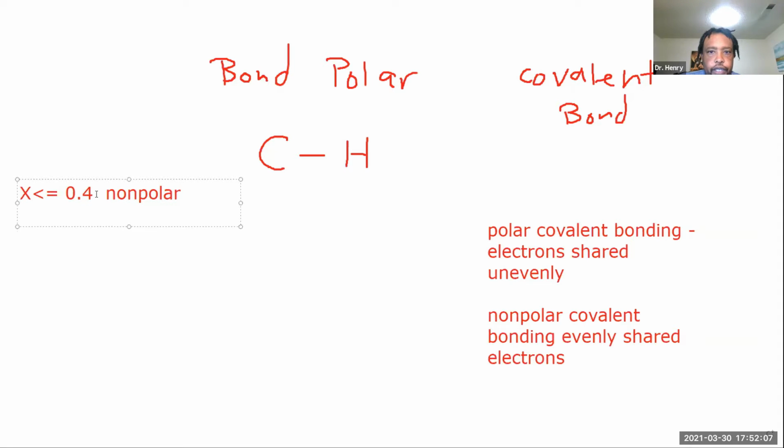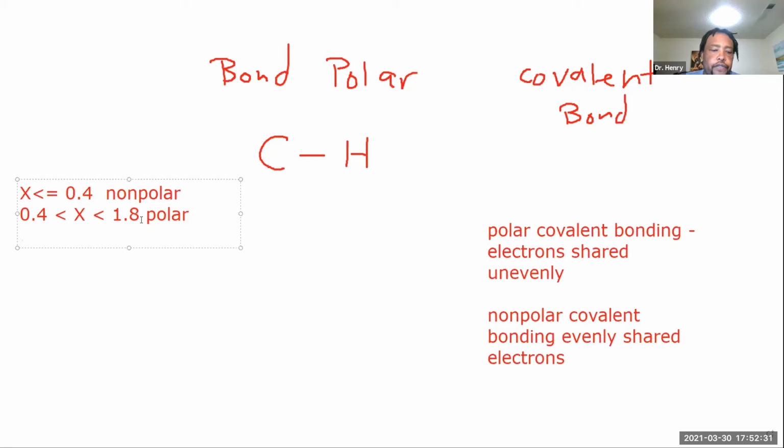If our X value is greater than 0.4 but less than 1.8, it's considered to be polar.